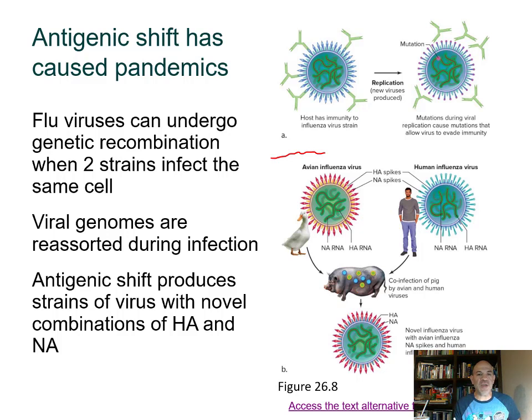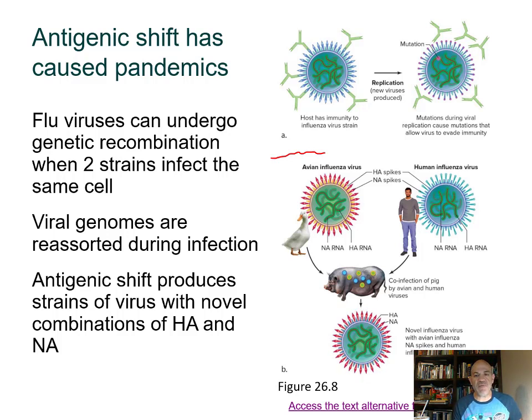And that leads to a shift in the combination of antigens that you have on the surface. So this is independent of just having the mutations occur here. No mutations have to occur. You just end up getting a different combination of the H and the N antigens on the surface here.